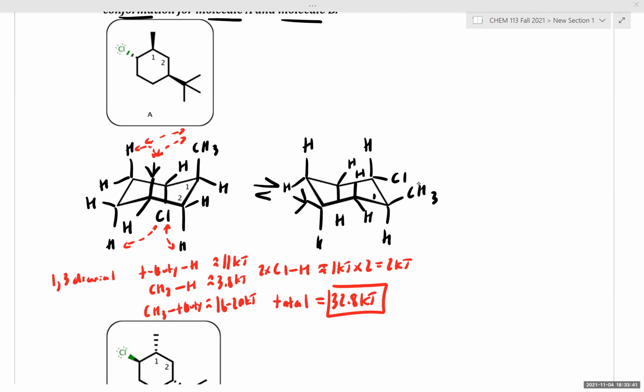The tert-butyl is equatorial, so it's not engaging in any 1,3 interactions. But I know what you're potentially getting at. So there are no 1,3 diaxial interactions, but there are some gauche interactions. There's one gauche interaction in particular, and it's between what two substituents? The chlorine and the methyl. Yep, exactly. So we have a chlorine methyl gauche interaction, which costs us, what's the value of that?